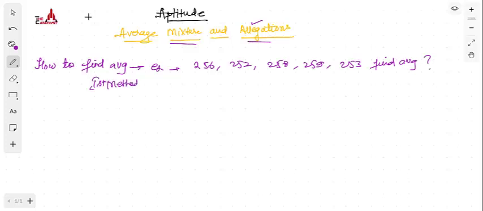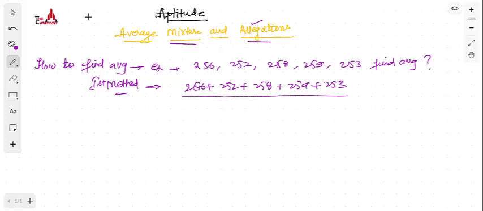In our conventional method, you'll add all the terms and divide by the number of terms. The number is 1, 2, 3, 4, 5, so this is divided by 5, and this will finally give you the value 255.6. This is your average.